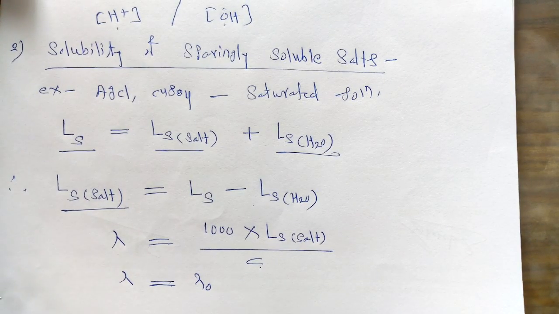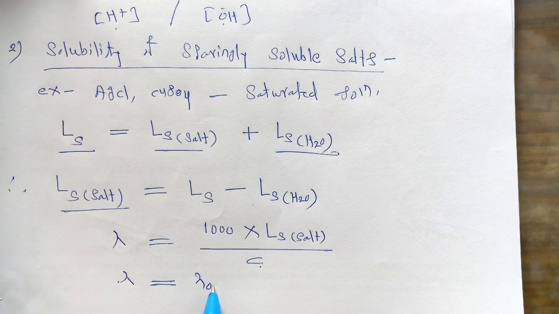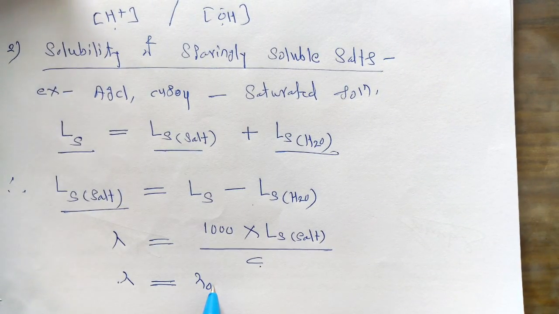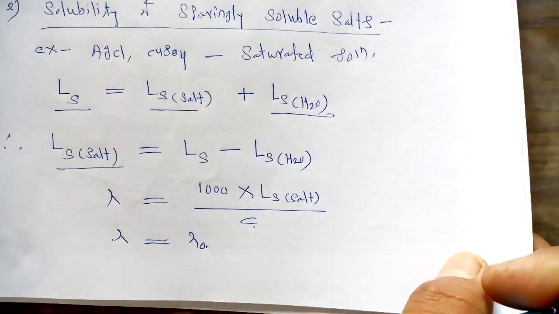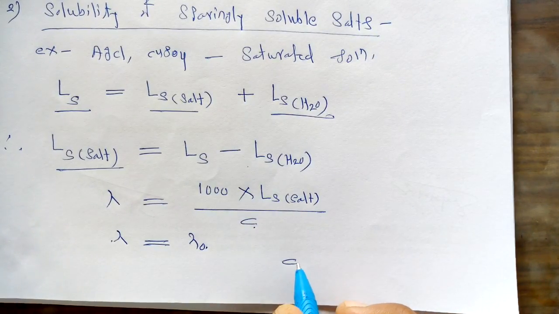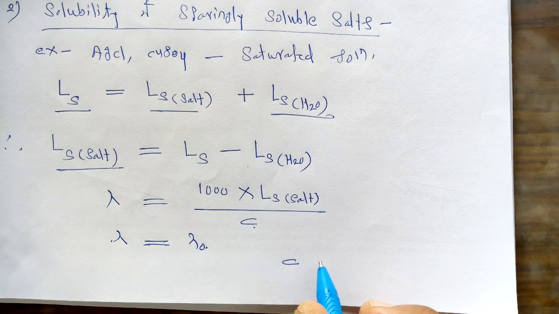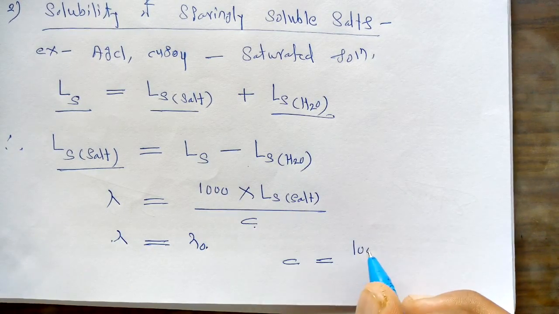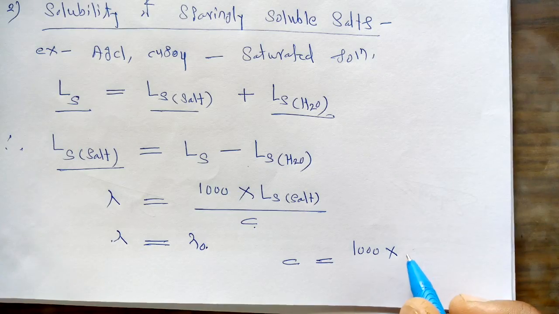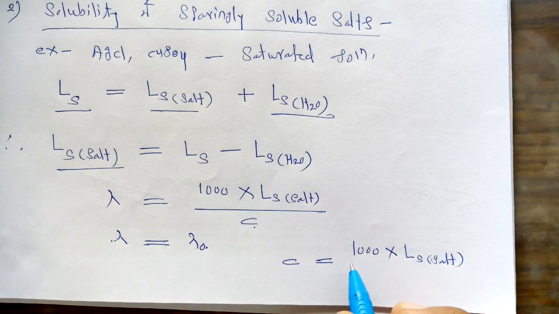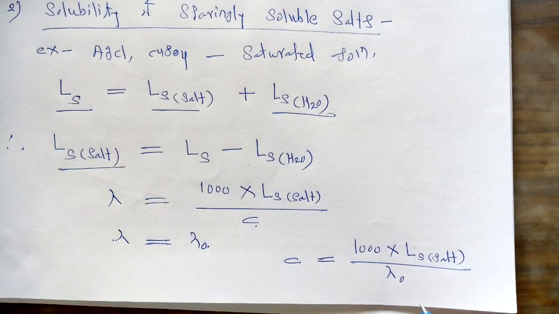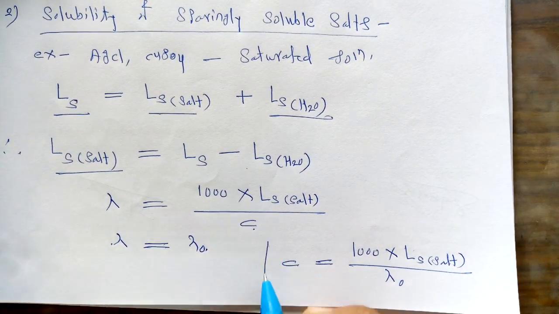For this purpose we consider its equivalent conductance is equal to the equivalent conductance at infinite dilution, and from this for a soluble salt its concentration C is to be calculated as 1000 into Ls, that is specific conductance of salt, divided by equivalent conductance at infinite dilution.